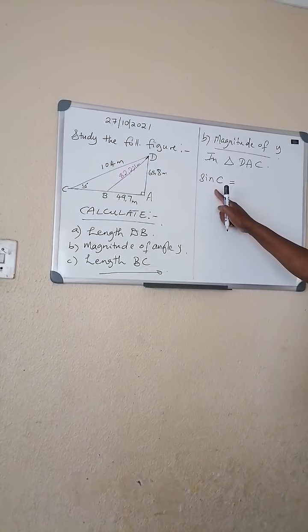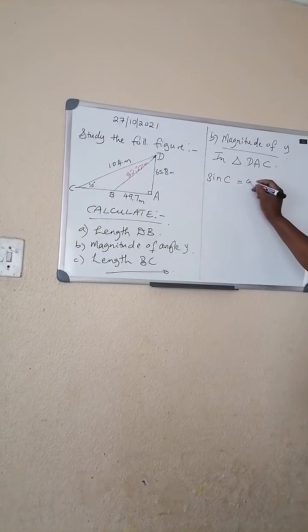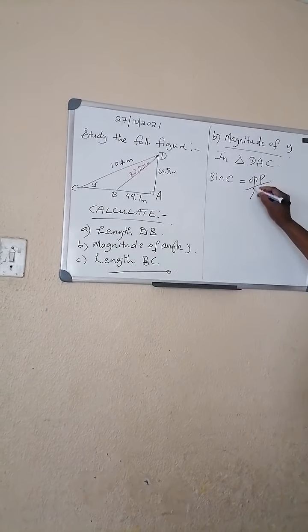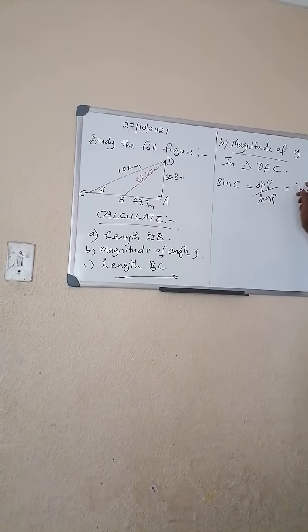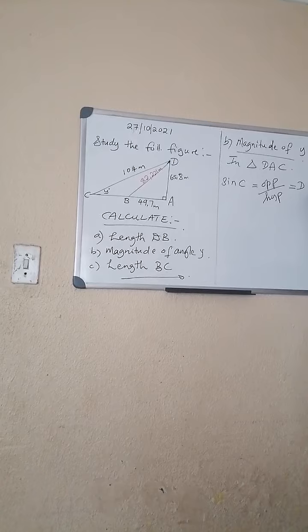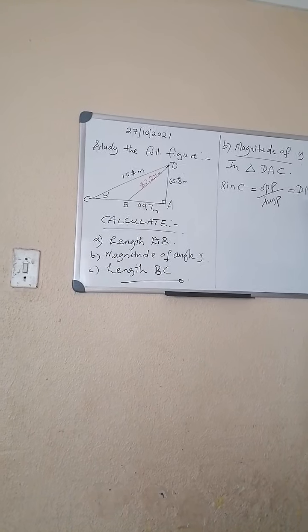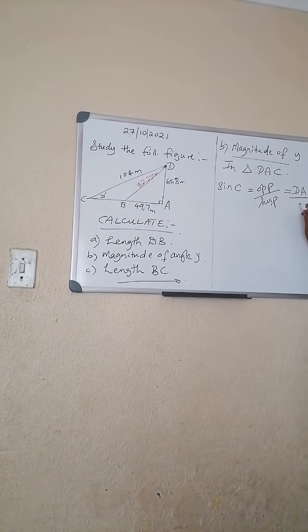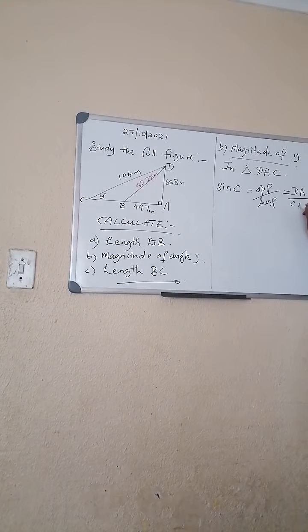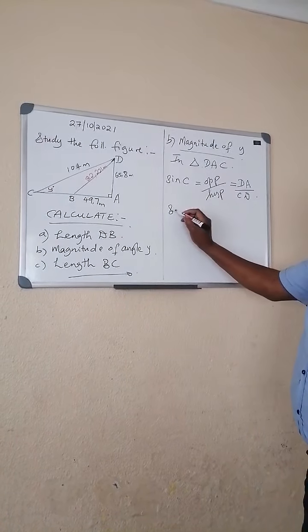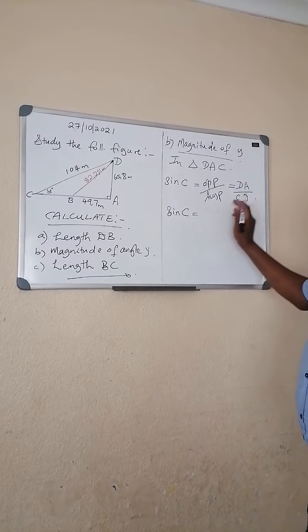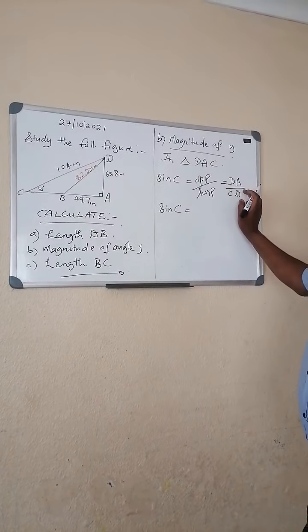as opposite over hypotenuse. What is opposite? Opposite is DA. What is hypotenuse? Hypotenuse is CD. Now the sine of C will be, what is DA?